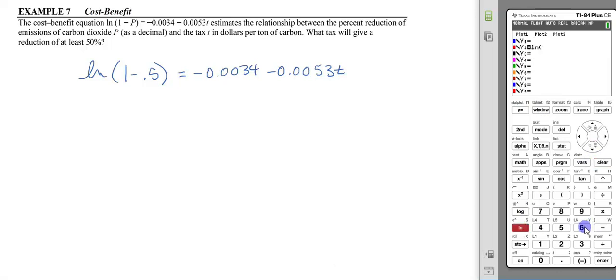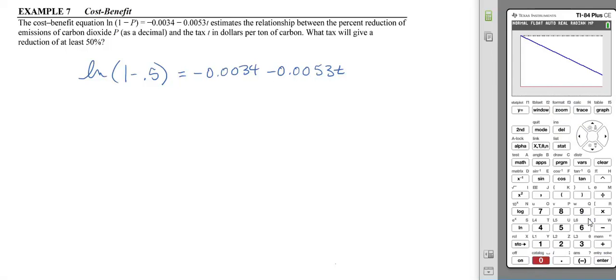We'll have natural log of 0.5 and negative 0.0034 minus 0.0053x.